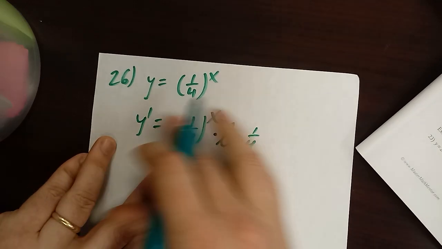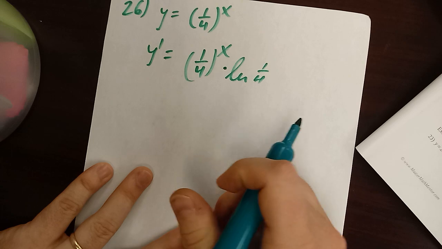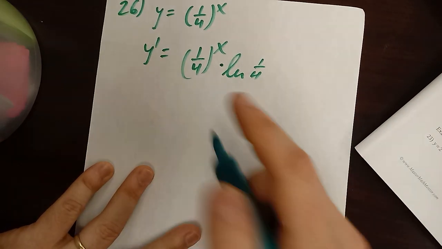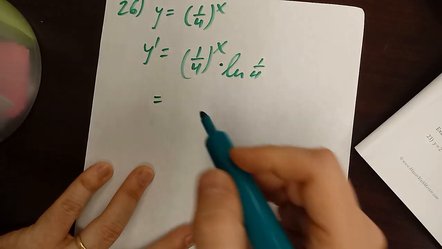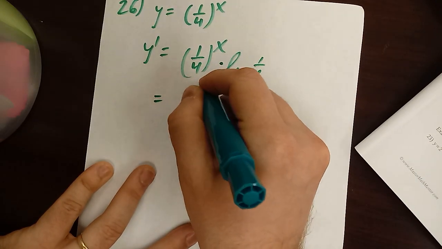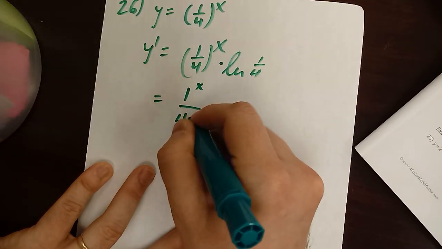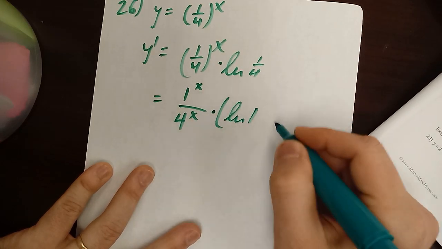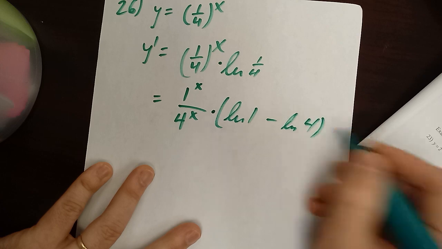So this is a situation where they might actually give us a slightly different answer than this, because we could rewrite this as 1 to the x over 4 to the x times natural log of 1 minus the natural log of 4.